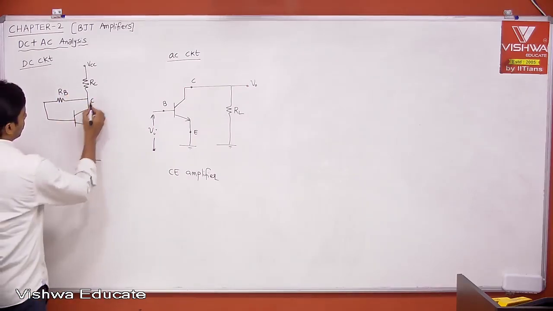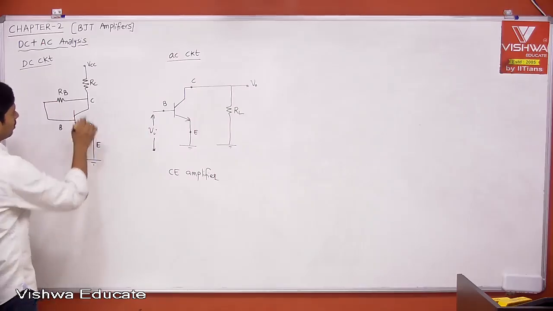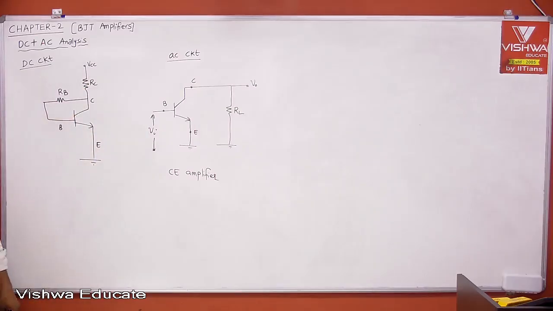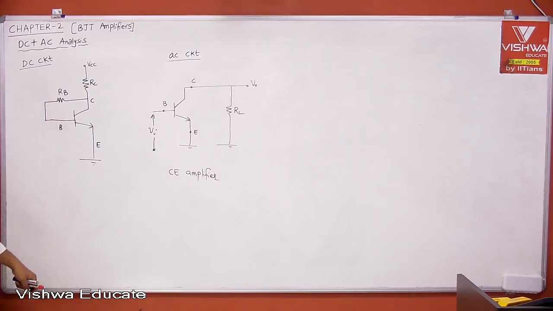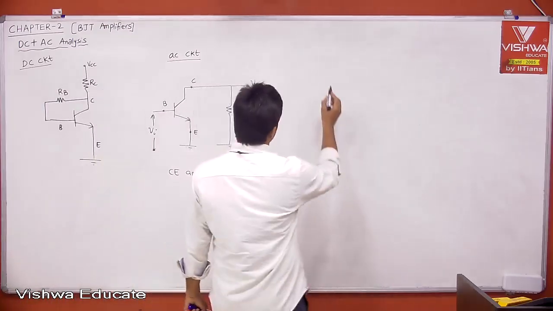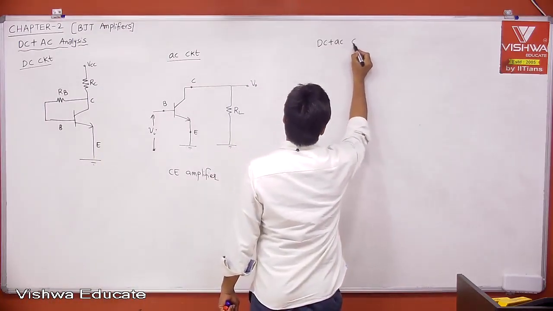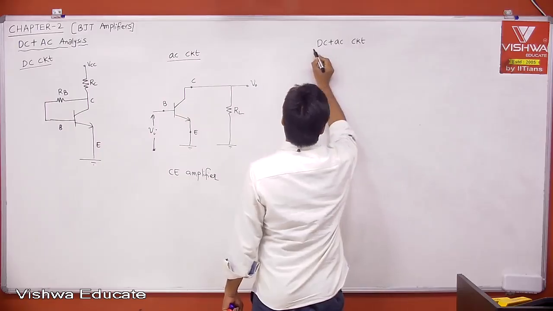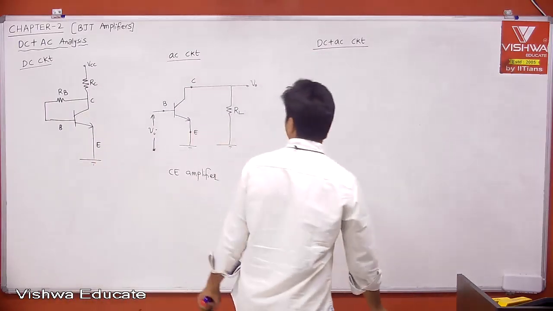This is collector, base, emitter, and this is VCE, IC. Those things we already represented from the DC circuit or DC analysis. Okay. Now, how to combine? Let's combine, right? Now, we want DC plus AC. Therefore, don't write, just observe here, then you'll get the answer. First of all, we need to start with the DC circuit.